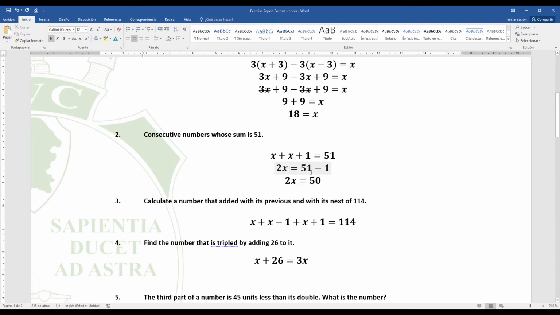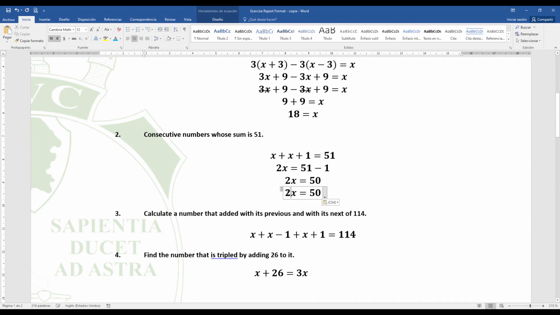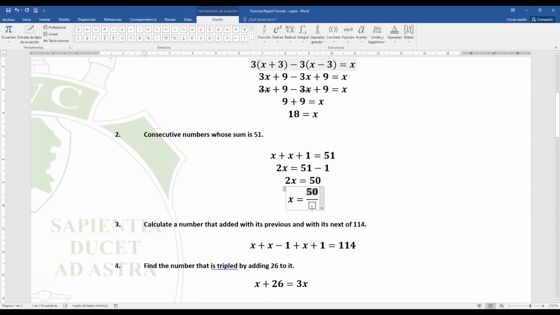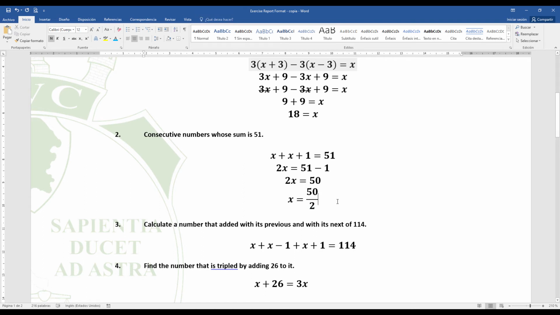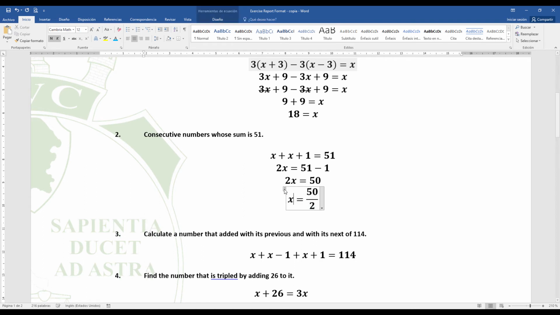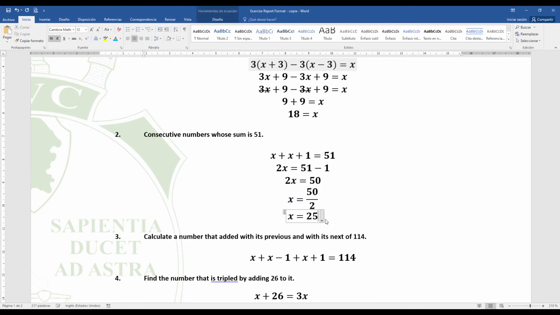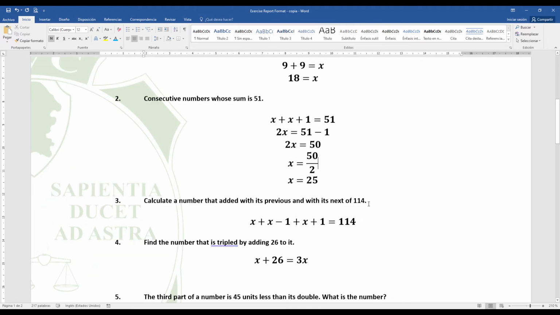So you need to move it to the other side of the equation, but with the inverse operation. If that 2 is multiplying x, that 2 will pass dividing the whole other side of the equation. So again you carry out the operation here. This is 25.